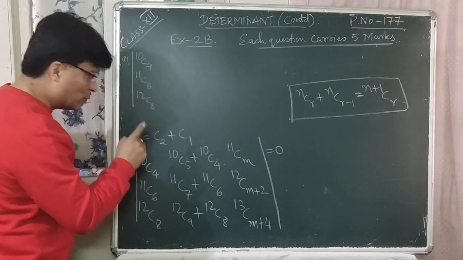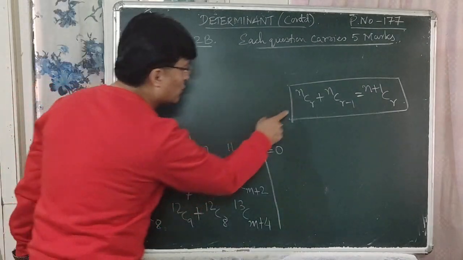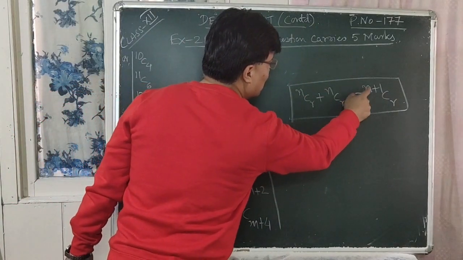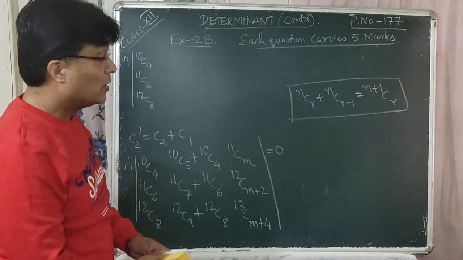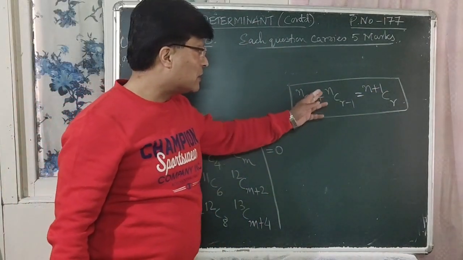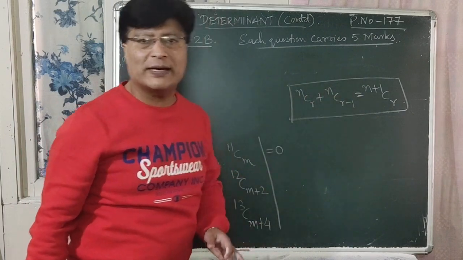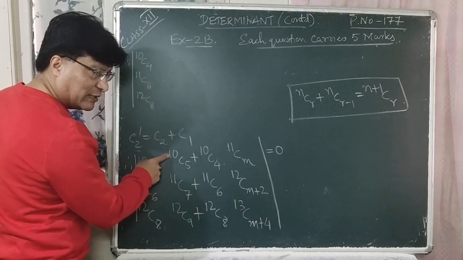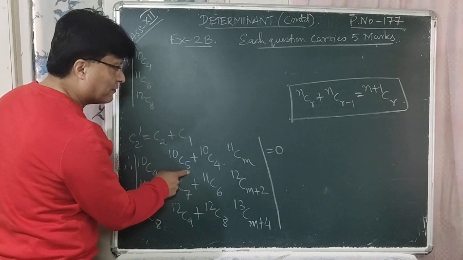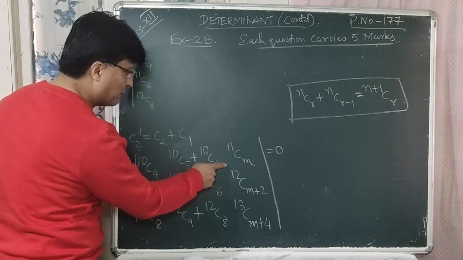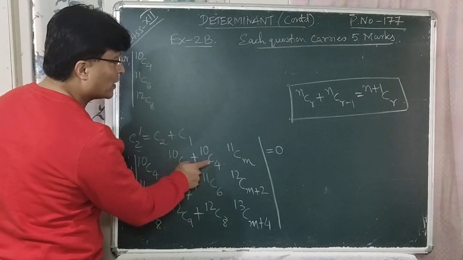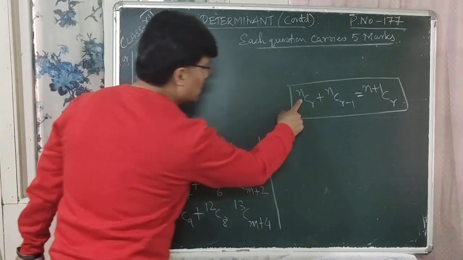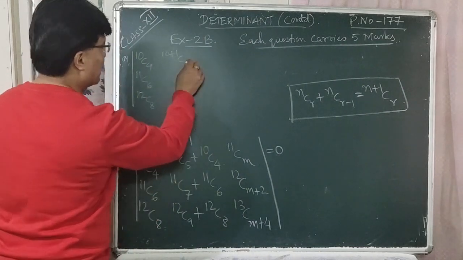Now, what will be the value for 10C5 plus 10C4 using this formula? If you have nCr plus nC(r minus 1), then we can write n plus 1 C r. Similarly here, instead of n there is 10 and instead of r there is 5, and this is your 5 minus 1. So what is the formula for this one? 10 plus 1 C r, r means here it is 5.